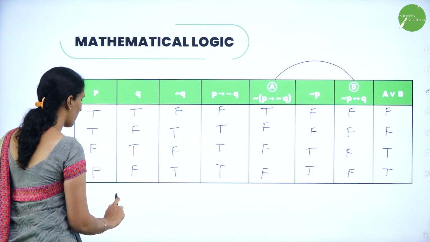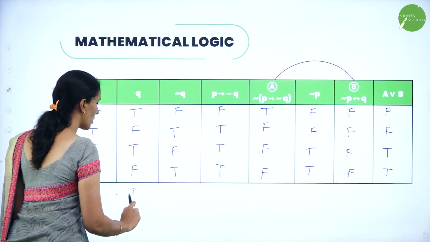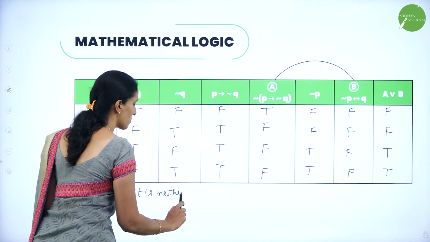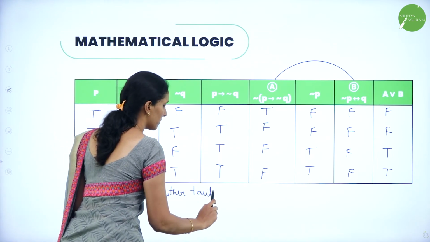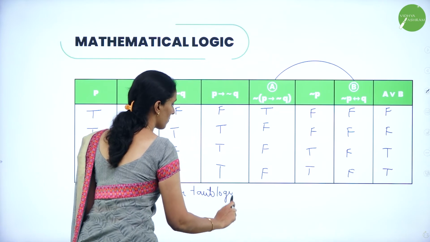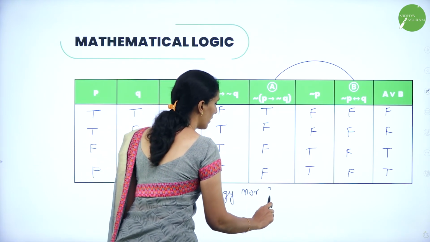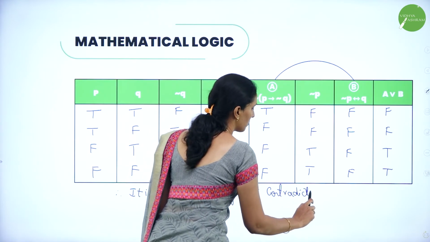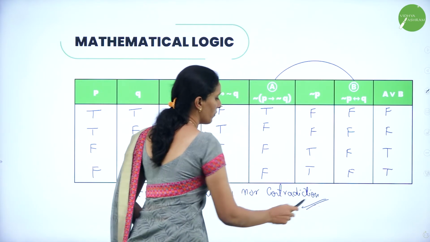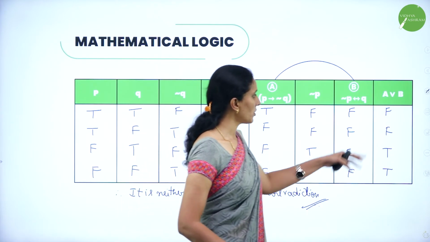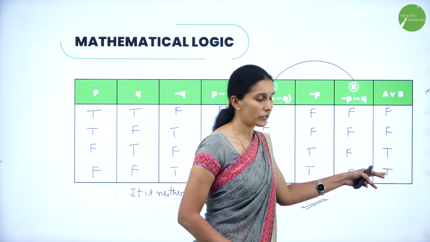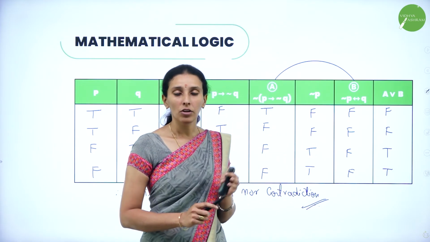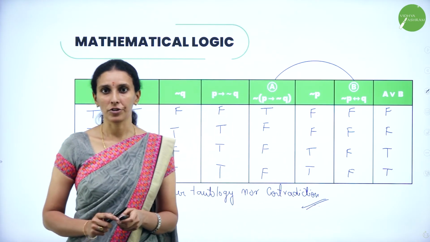So therefore, the given proposition is neither tautology nor contradiction. When you verify the compound proposition, if all of them are F, it is a contradiction. If all of them are T, it is a tautology. Here it is neither tautology nor a contradiction.